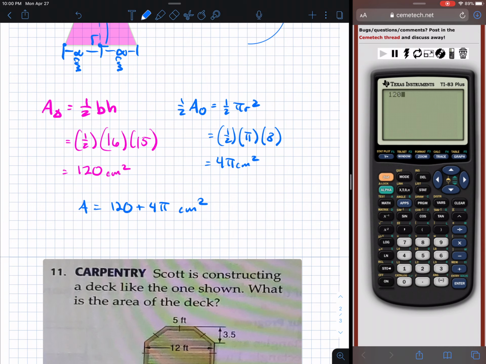You can get away with 3.14 for pi, but I'm going to hit the pi button since I have it. So the nearest tenth is going to be 0.6. So we're going to say that this is approximately 132.6 centimeters squared.